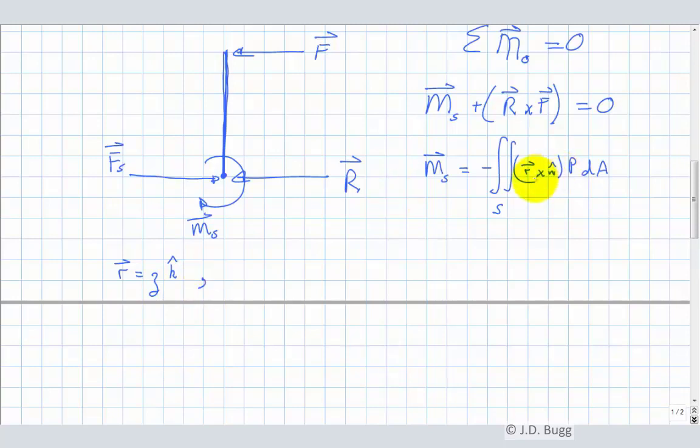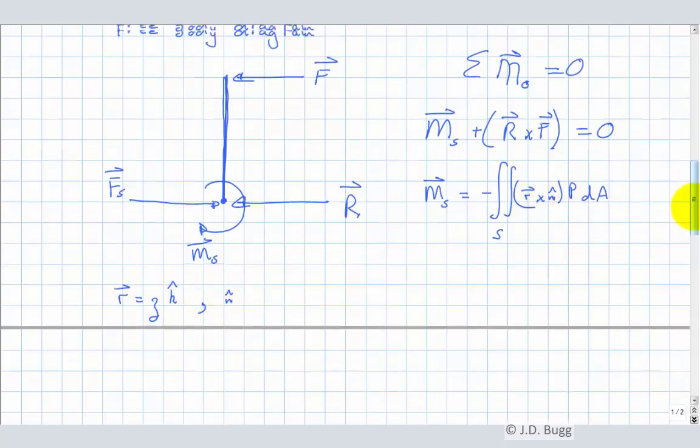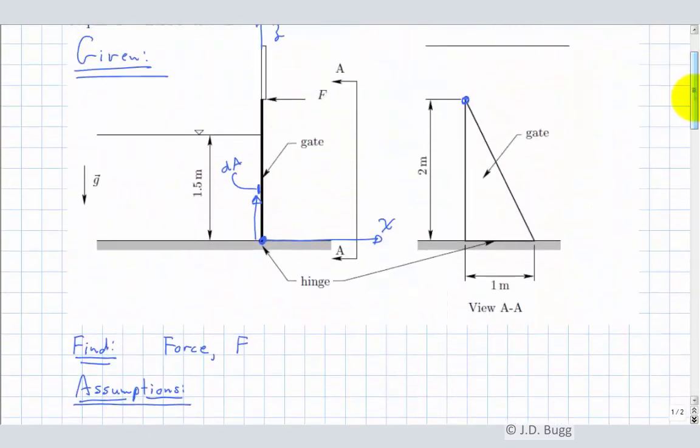Next thing we need to figure out is the unit normal. So again, we go back to our diagram to see what a unit normal looks like. And remember that a unit normal projects into the fluid. So if we consider our same little dA here, unit normal is going to look like that. So in the coordinate system that I chose here, that unit normal is in the negative i direction because I've got x pointing to the right, unit normal pointing to the left.